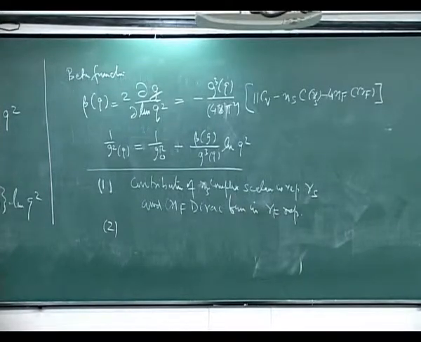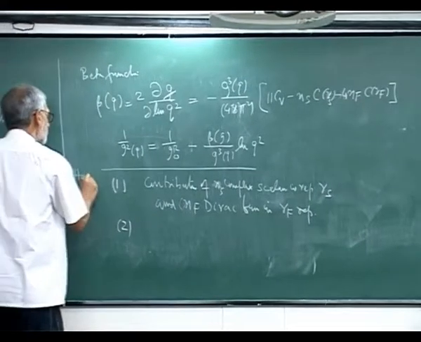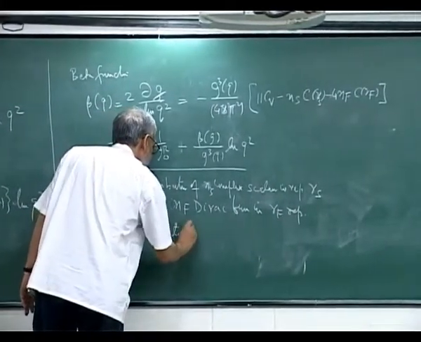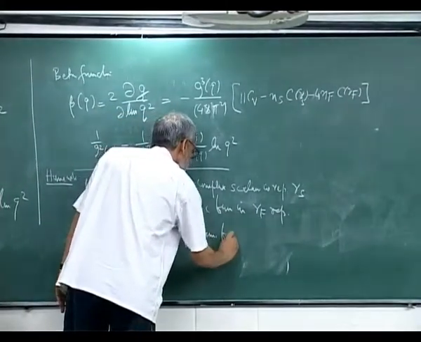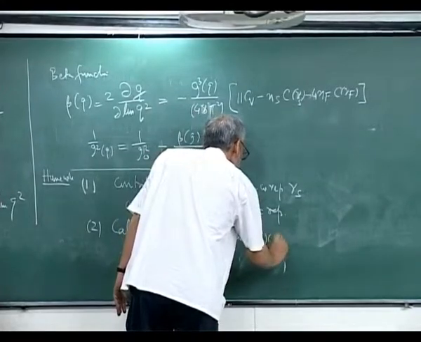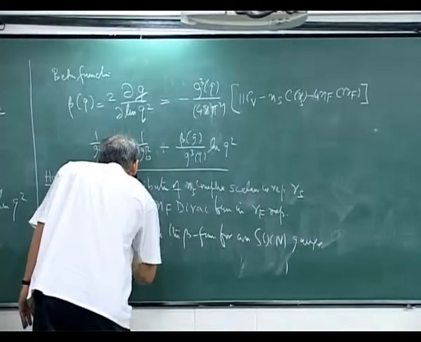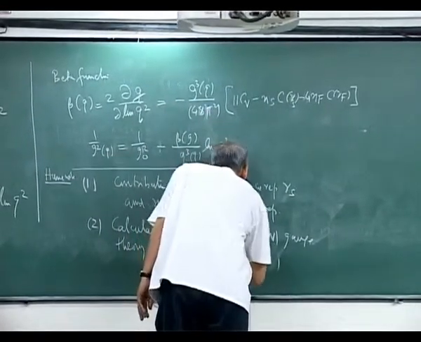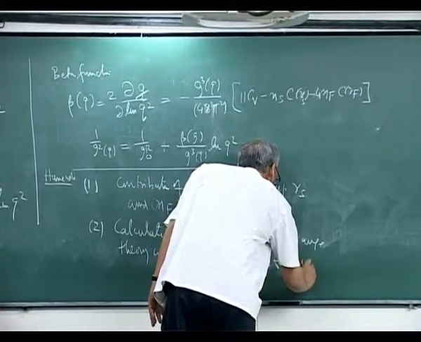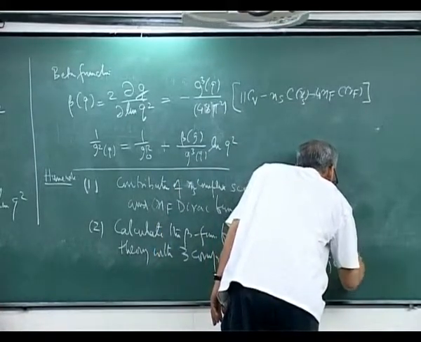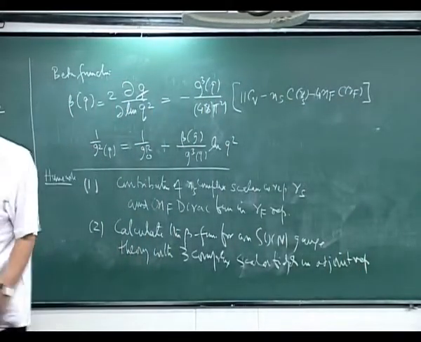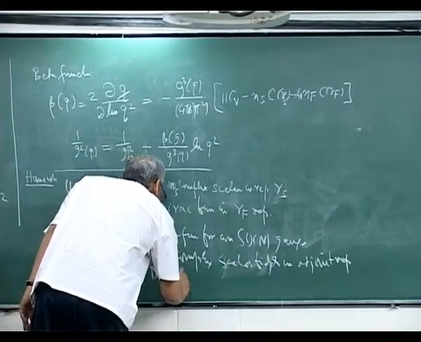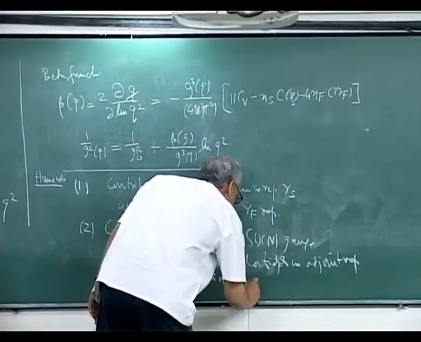Second exercise. Calculate the beta function for an SU N gauge theory with 3 complex scalar fields in the adjoint representation, all of them in the adjoint representation, and 2 Dirac fermions, again in the adjoint representation.